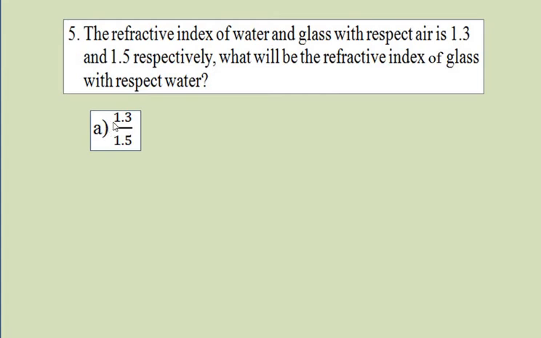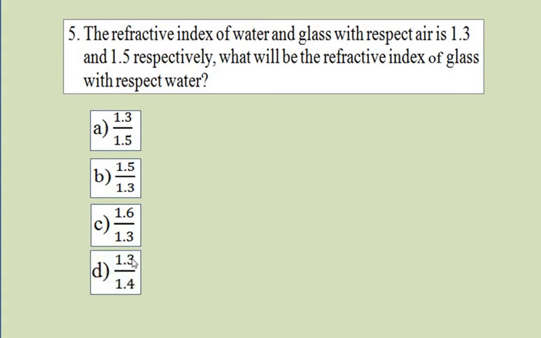The options are: option A, 1.3 divided by 1.5; option B, 1.5 divided by 1.3; option C, 1.6 divided by 1.3; option D, 1.3 divided by 1.4.